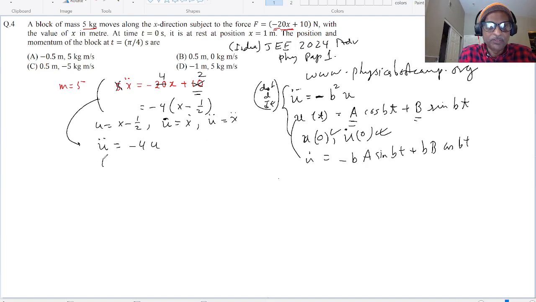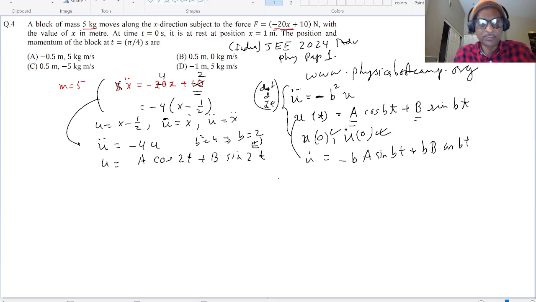So this will immediately go into u double dot equals minus 4u. So u will have to be some a cosine, and b squared is 4, so I'm just going to take b equals 2. I know it's going to be plus or minus, but I'm just going to take a cosine 2t plus b sine 2t, because minus 2 is not giving a new answer. Because a and b are unknown, it's going to be absorbed.